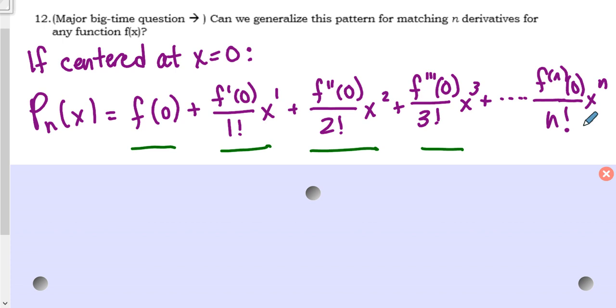Now, this just ends at the nth degree term. So we would say that that is a polynomial of degree n, so that's my notation. And we call this a Maclaurin polynomial.